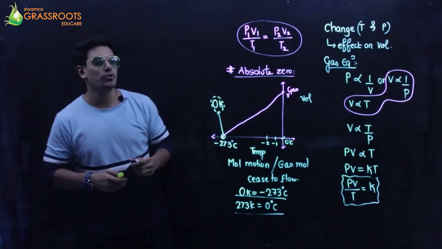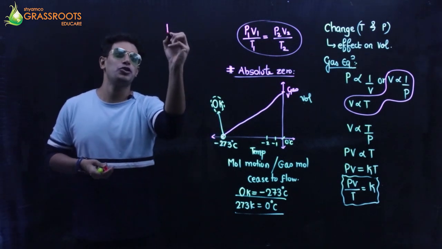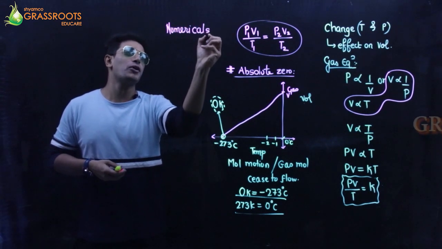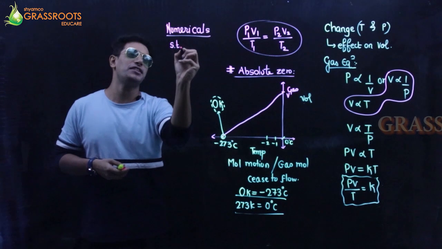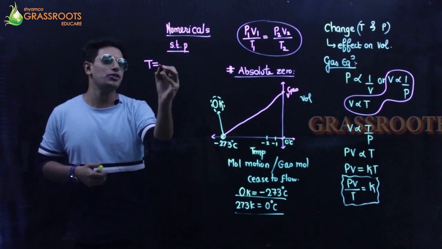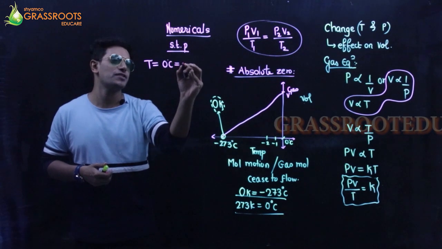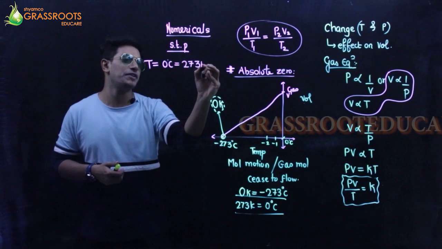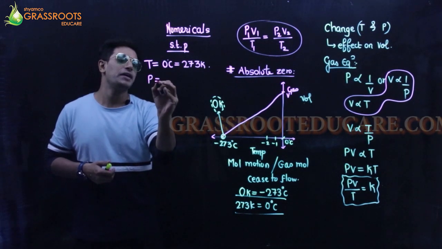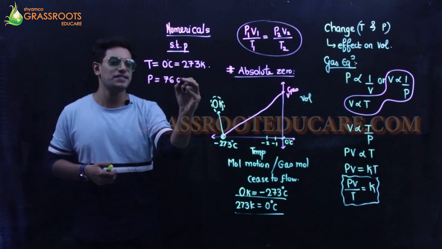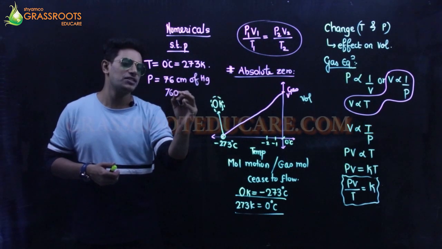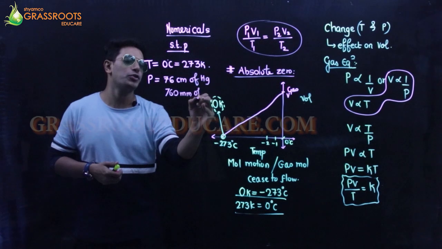Alright, the last portion, if you come across the words like STP, standard temperature and pressure in the numericals, remember two things. First, the temperature is always 0 degrees Celsius, which is 273 Kelvin. And second, the pressure is always 76 centimeter of mercury or 760 millimeter of mercury.